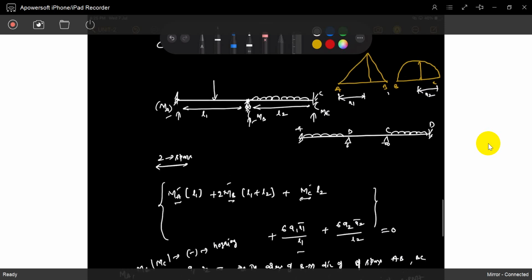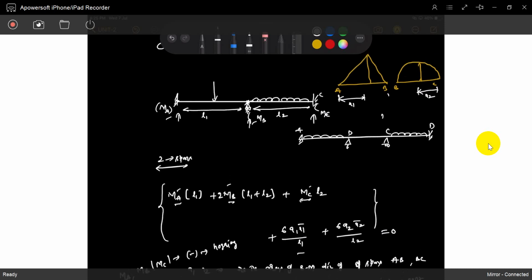If you take two spans, that is one equation, and then the next two spans give the next equation. So MC will come two or three times, and you will get it easily, but I will show it in the problem.